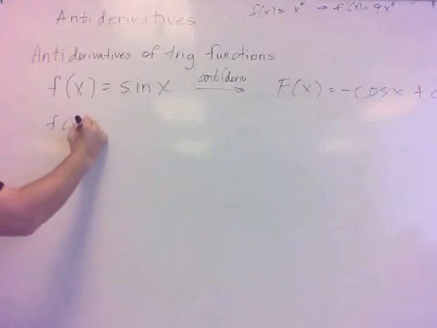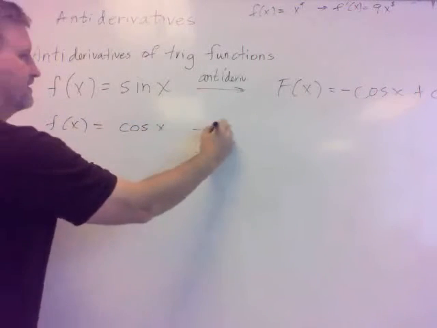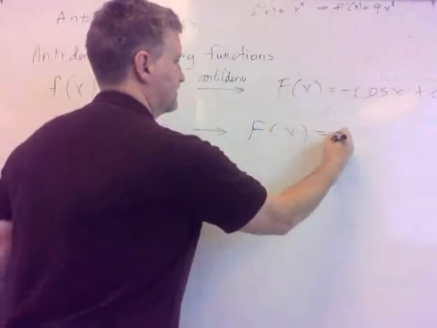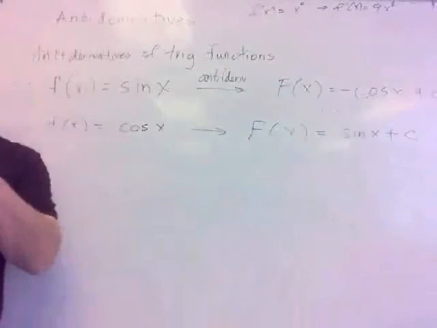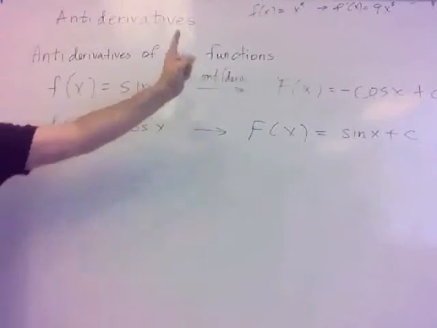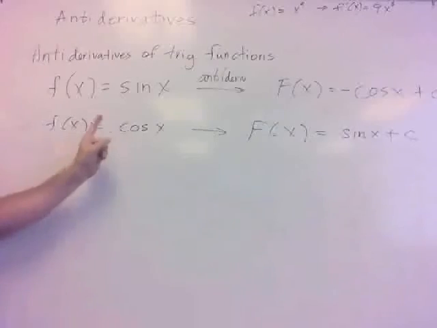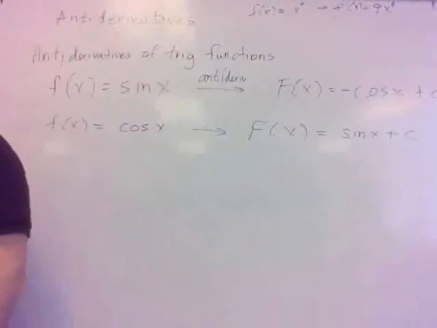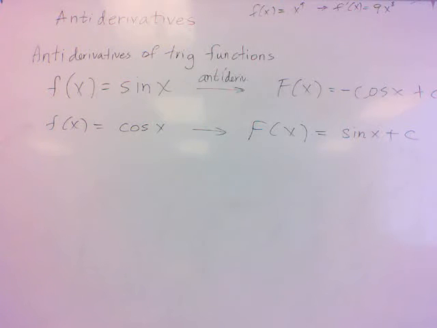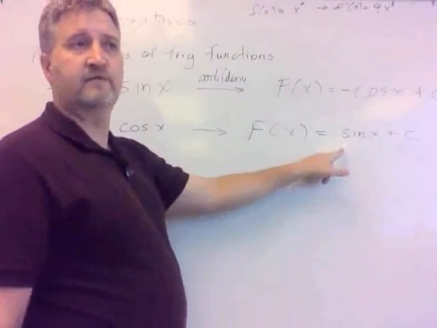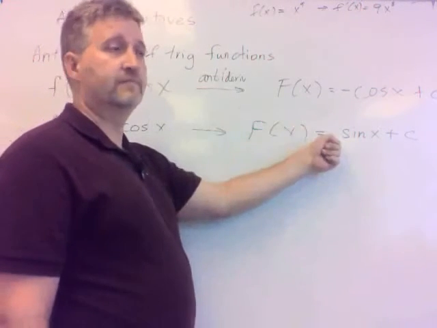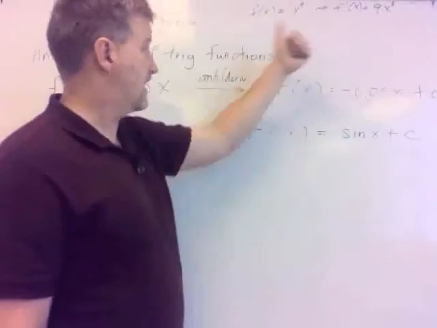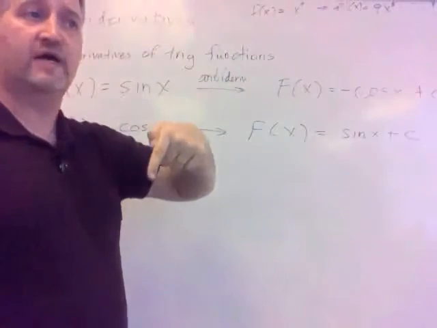So what about cosine? The antiderivative is sine. Now, let's think about it. What's different about that? For sine, the antiderivative is negative cosine. For cosine, the antiderivative is sine. What's the derivative of cosine? The derivative of cosine is minus sine. The antiderivative of cosine is positive sine. The derivative of sine is cosine.